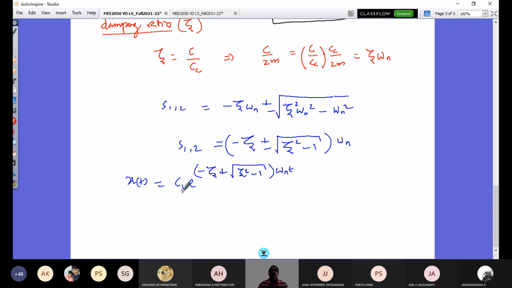So earlier we had C1 e raised to omega n t like that. So now this factor comes here. Plus C2 e raised to minus zeta minus the radical zeta square minus 1, into omega n t.